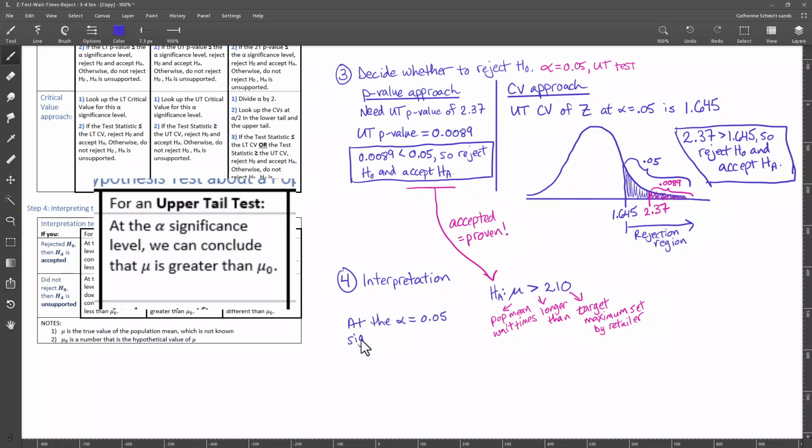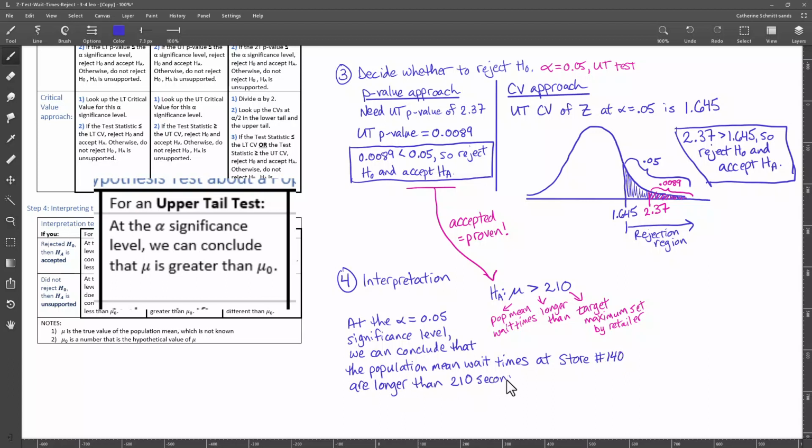At the alpha equals 0.05 significance level, we can conclude that mu, which is the population mean waiting time at store 140, is longer than the target maximum that was set by the retailer.